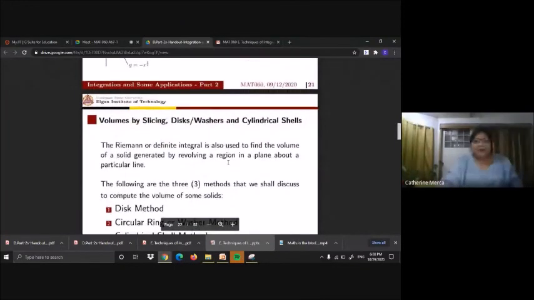Okay, volumes by slicing, these washers and cylindrical shell. So what are the methods?